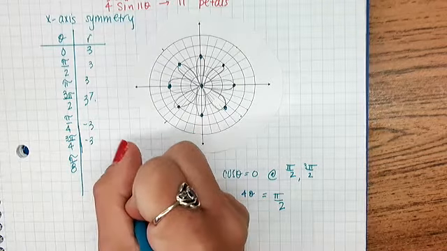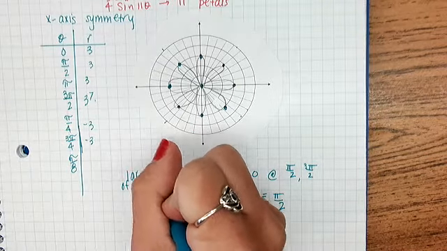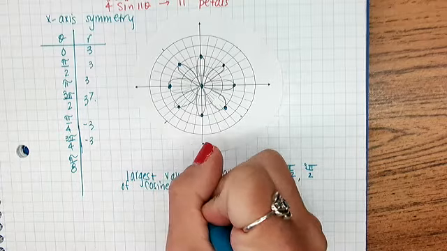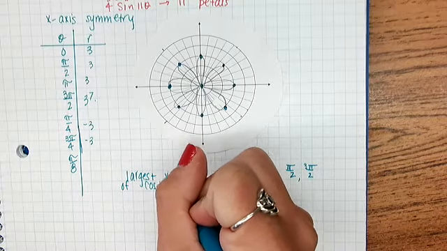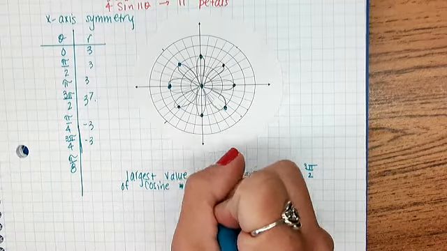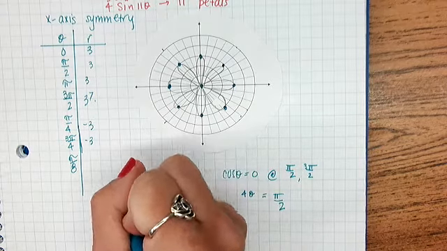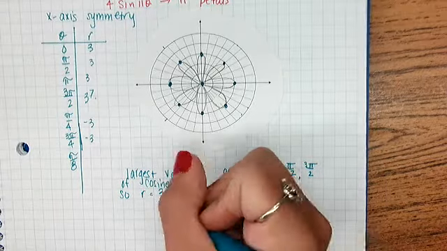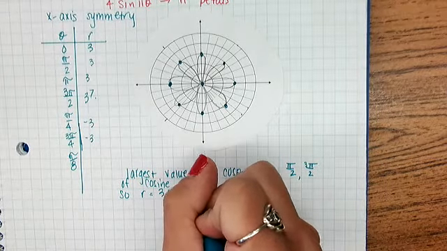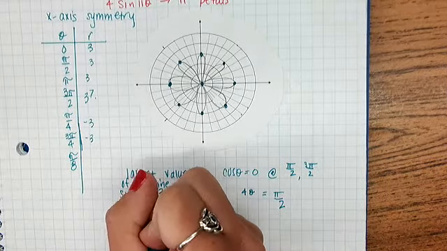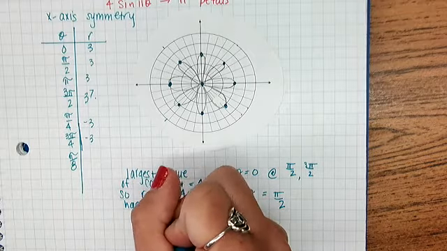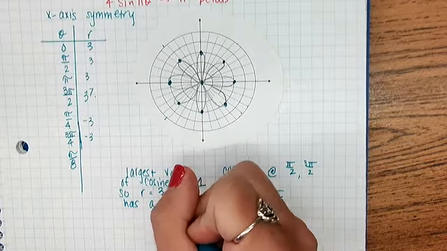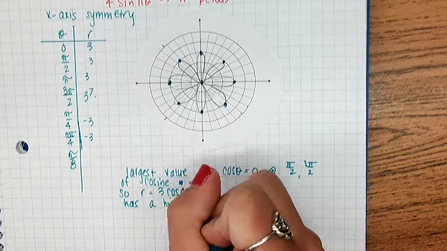The largest value of the cosine is 1. So r equals 3 times the cosine of 4 theta has a highest value of 3.